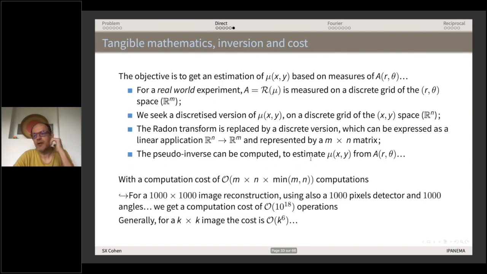Because we are just in a linear problem of finite dimension, we know how to solve it, and we might say that there is no need to go further. The reason why we want to go further is the cost of the computation. If we do it brute force, it costs too much, and that's why we want to try to be a bit smarter.